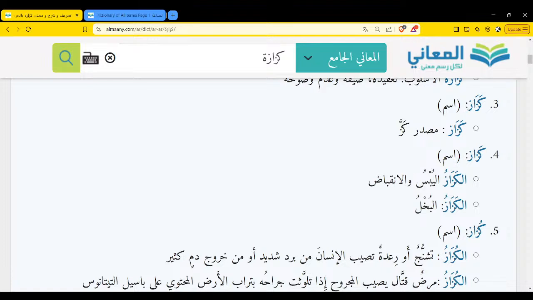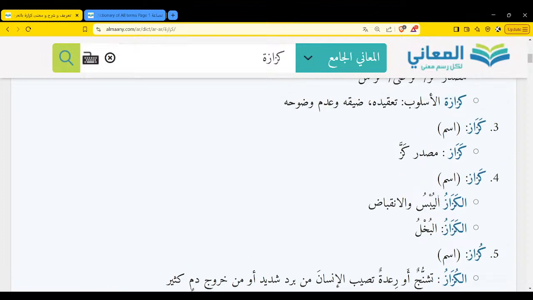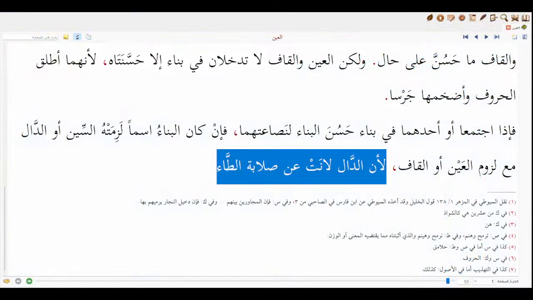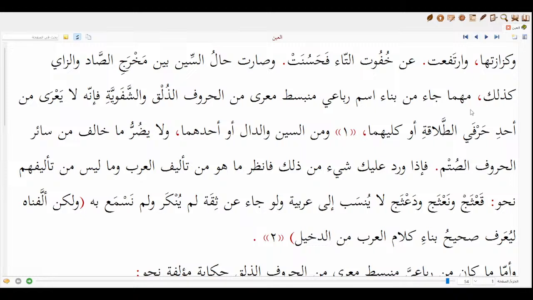The hardness is a similar meaning, in terms of hardness of its pronunciation, or narrowness, ضيق as well, عدم وضوحه. So لانت عن صلابة الطاء, it is softer than the ta. وارتفعت, and it is higher, possibly in quality, meaning it is easier to pronounce, or it may have a purer sound.